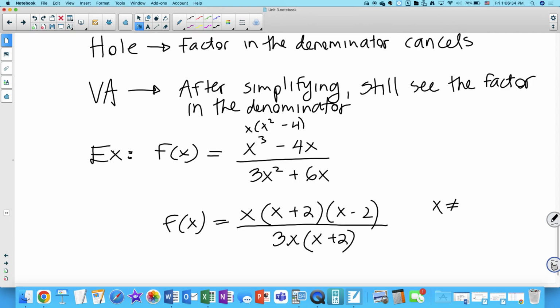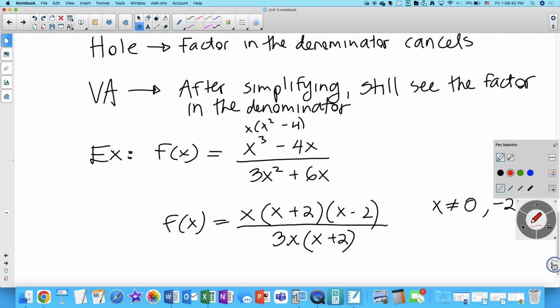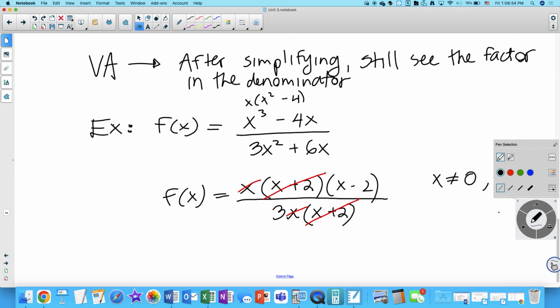But when I simplify this, what I end up with is that along with these 2 non-permissibles, f of x essentially equals x minus 2 over 3.